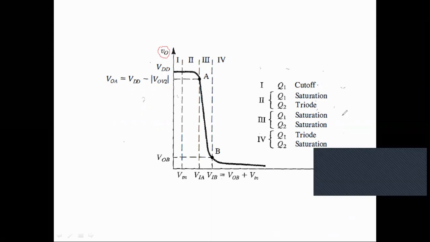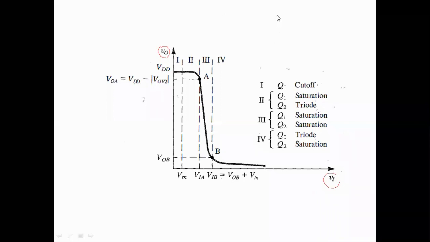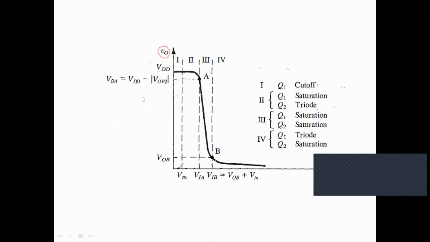The output voltage is the VDS of NMOS Q1, and the input voltage is the voltage applied to the gate of Q1. From the previous diagram, the output voltage is VDD as long as VI is lesser than VTN, which means Q1, the NMOS, is in cutoff.